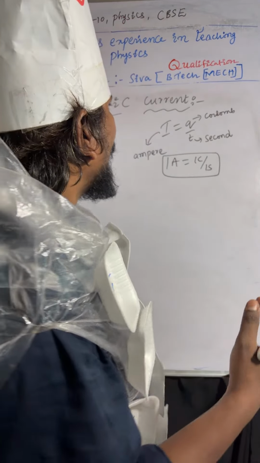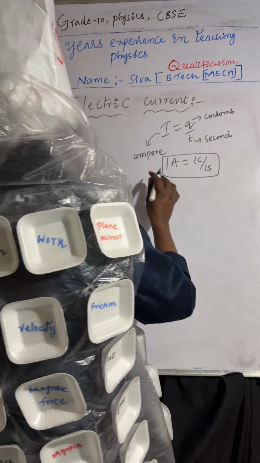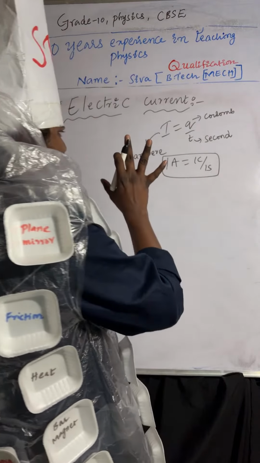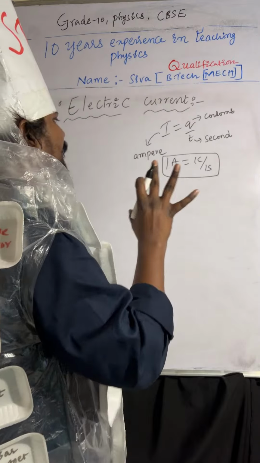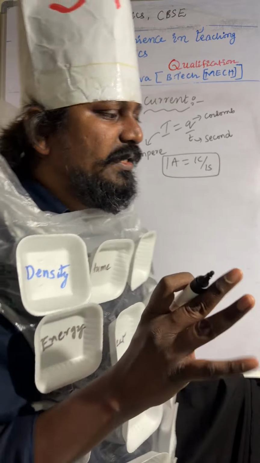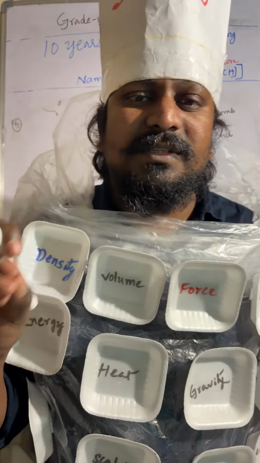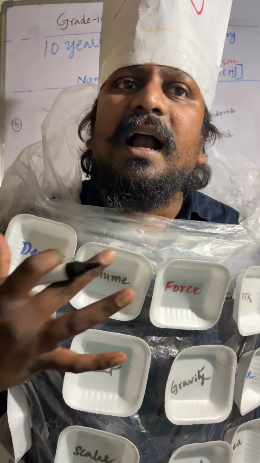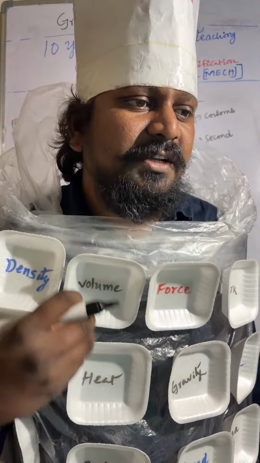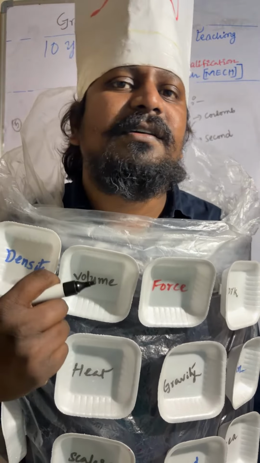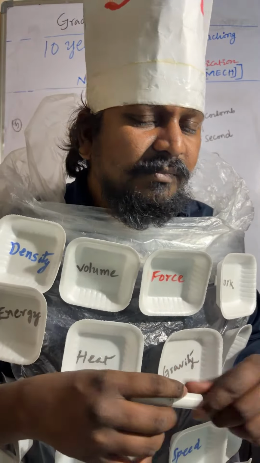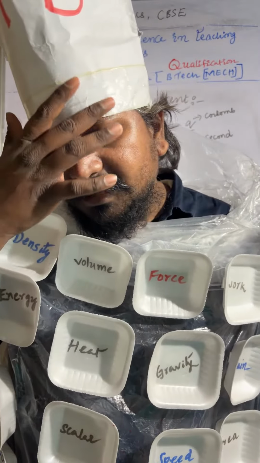Understood? There is one question related to these SI units. One MCQ will come related to the SI unit, and they may ask you to define the SI unit of current or define electric current.